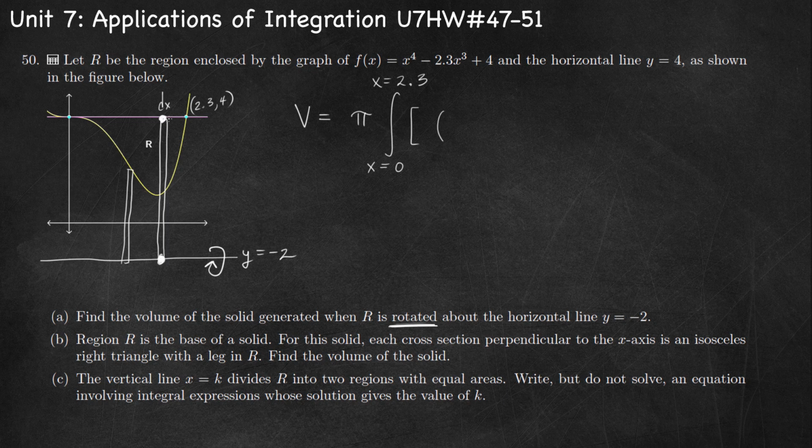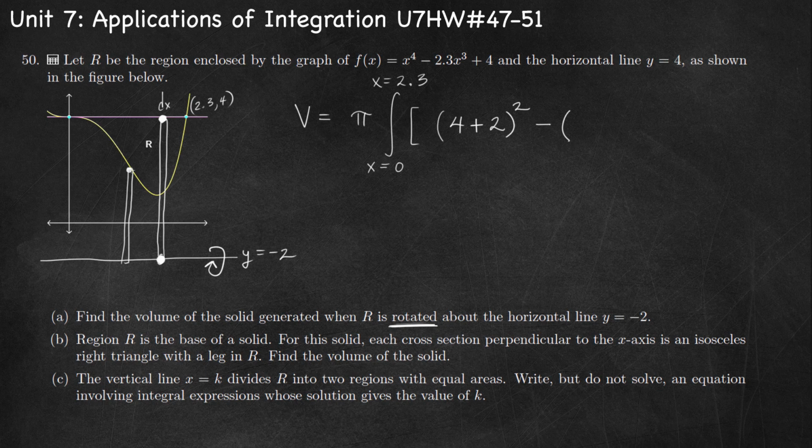The top of the rectangle is touching y equals 4, minus the bottom of the rectangle is touching y equals negative 2. 4 minus negative 2 is 4 plus 2. That's my outer radius, squared. Minus the inner radius.